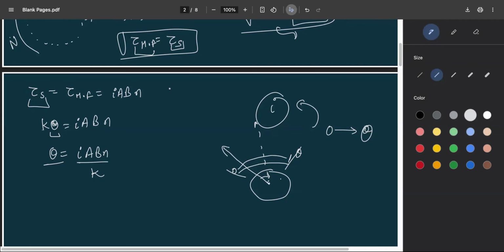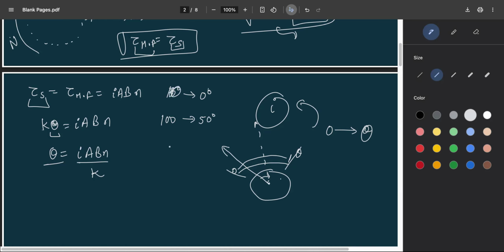Let's say initially at zero angle there is 0 ampere.